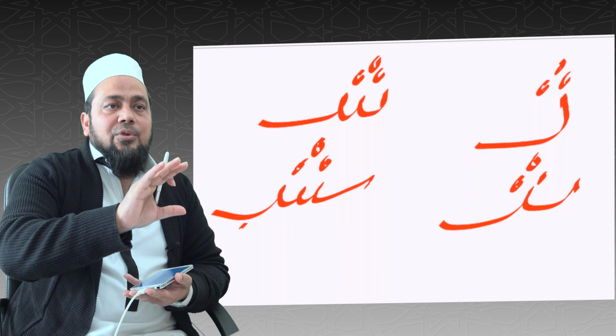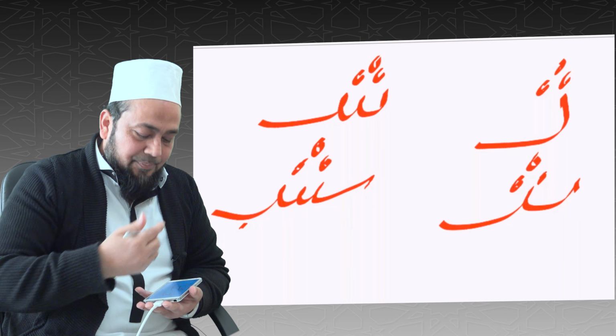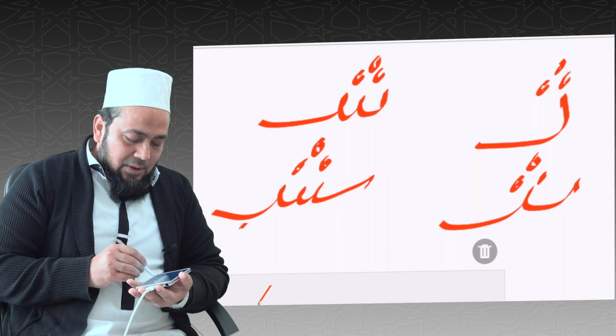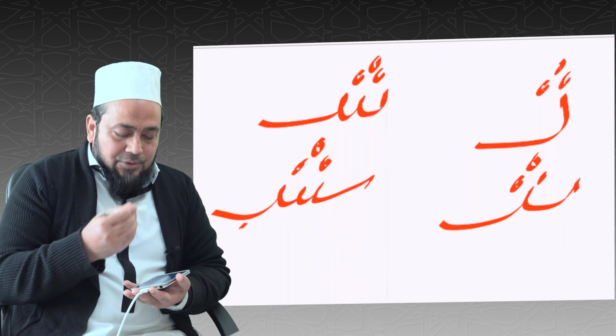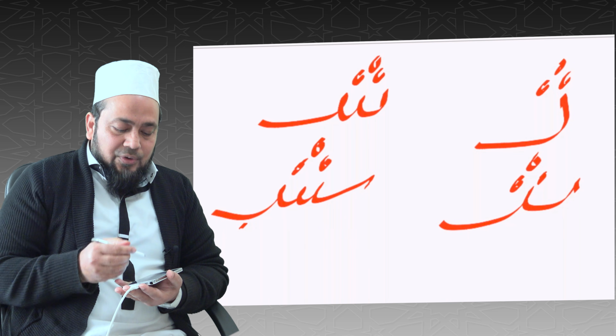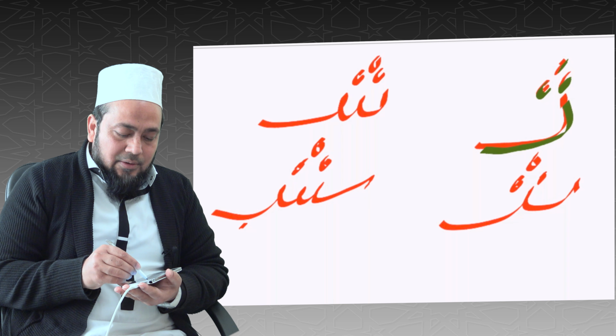You can see both of the letters have three dots on the top. That's why most of the learners get confused. You can see underneath the three dots for the Tha, you can see one line.